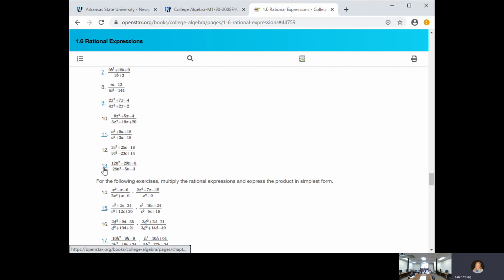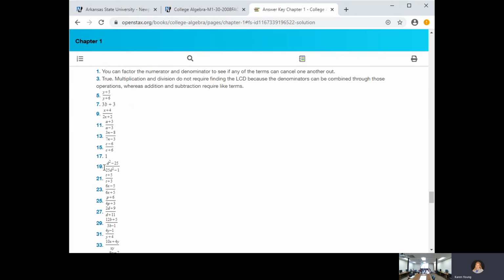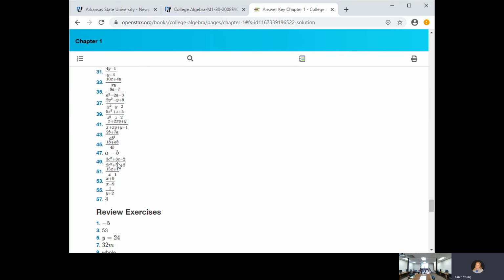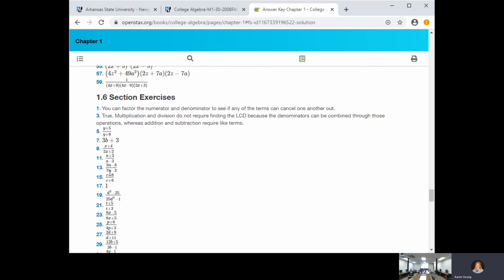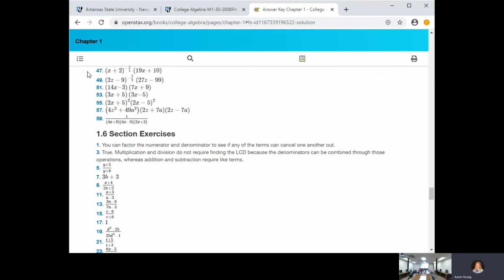Like if I wanted the answer to 13, I click on 13. I would make sure I'm in the right section, 1.6, and there's the answer to 13. If you work an even number, you don't get the answers, but you work the odd numbers, you get the answers. And that's one way to learn this.